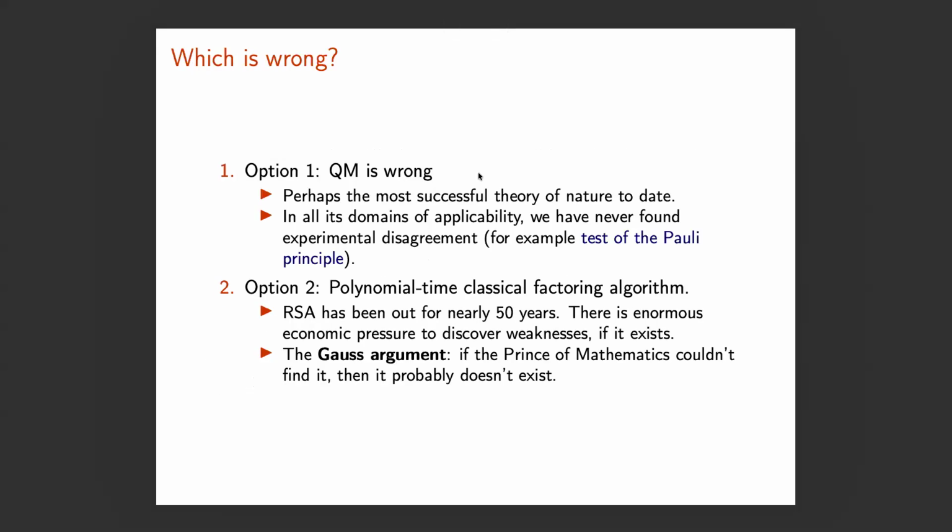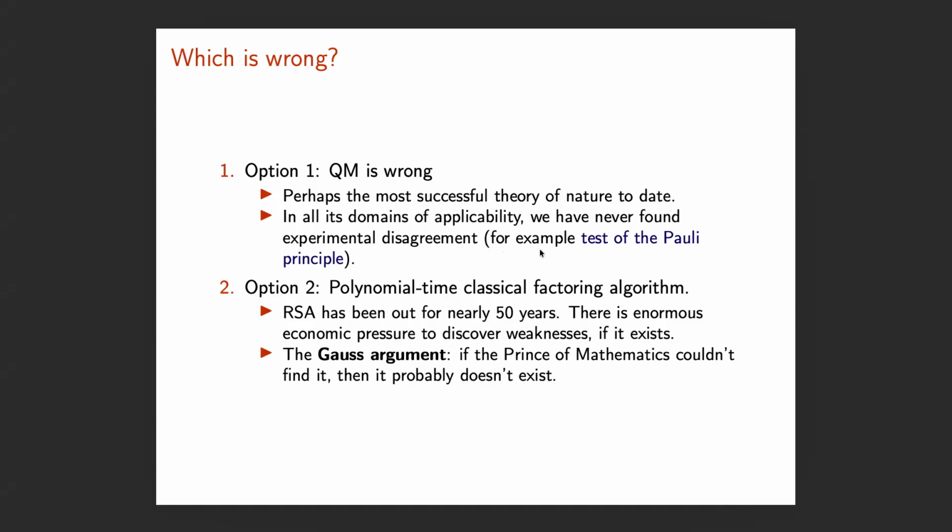If we look at option one, what we would say is that it's one of the most successful theories of nature today. And in all its domains of applicability, we never found experimental disagreement. One of the really subtle experiments which have been done is the test of the Pauli principle.